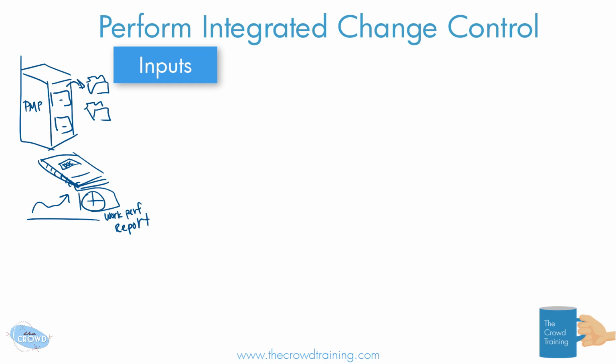So those are different inputs. And then we have to have the change request itself, right? How do we know what we want to look at or change without some request for change? So I'll put some arrows here and indicate that we're looking for something to change.